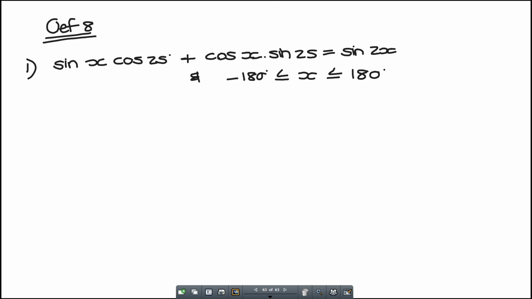Nee, so that I can actually write as sine x plus 25. So can you see that the left hand side, daai uitgebreide hoek het ek net gou-gou gaan eenvoudiger skryf, nee. Goed, nou kan ek gaan sê, take it to the one side.